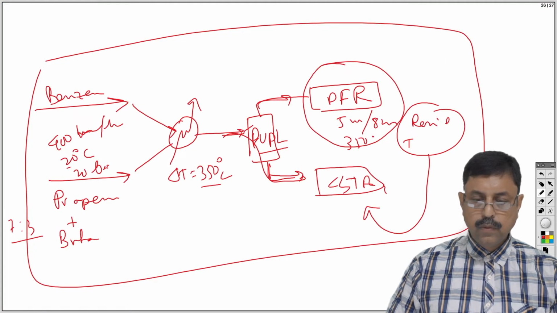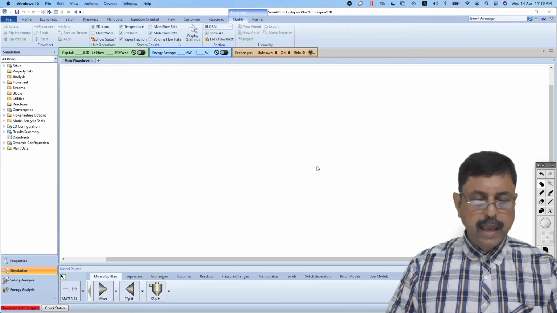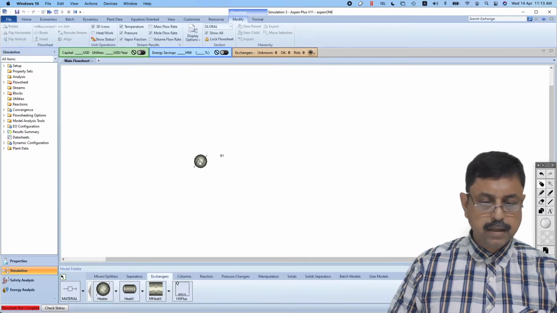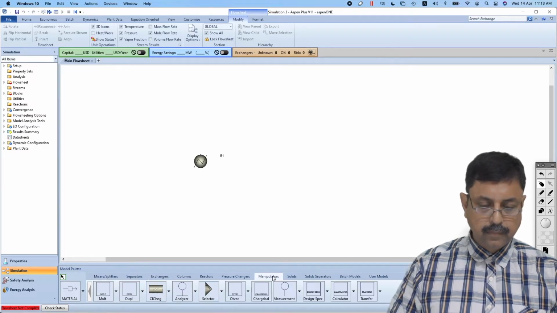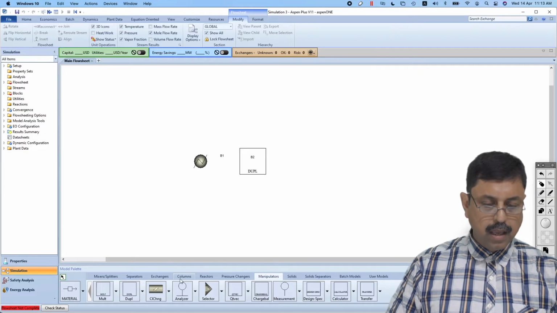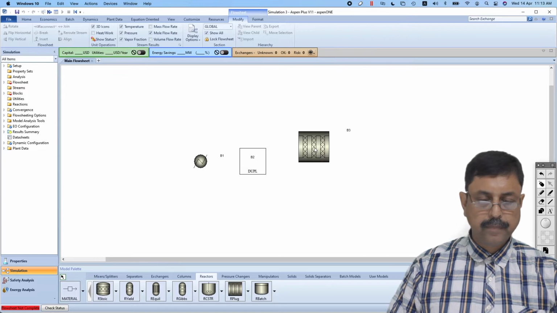So we have to have one heater, one duplicator, one PFR. First, let us use these three and the feed lines. So we have one heater, one duplicator, and one PFR.